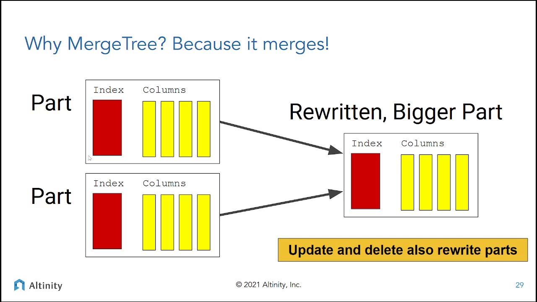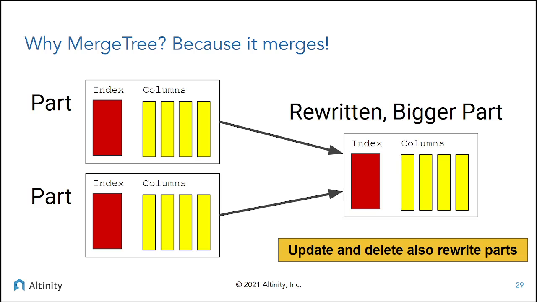Now, what happens though is that those parts can be kind of small. They might be 10,000 rows, they might be 100,000 rows, they might be a million rows. That's still small by ClickHouse standards. So what ClickHouse does in the background is it really wants those parts to get pretty large, like to many millions of rows, extending up to say 200-300 gigabytes in some cases.